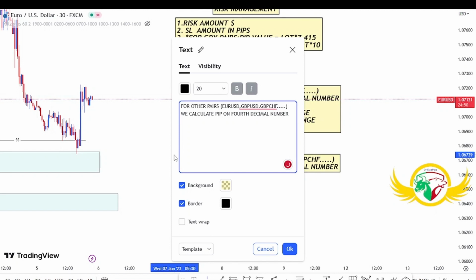Let me give you some examples so that you can understand this one. For example, if a pair moves from, let's say, 0.5062 and moves to 0.5063, this is 1 pip change.